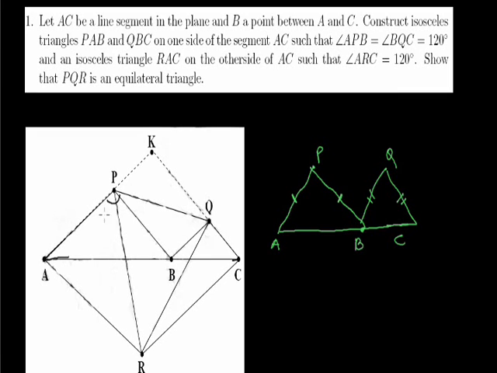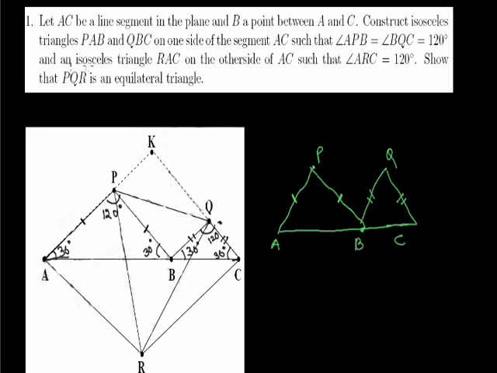APB is given 120 degrees and in QBC, which is an isosceles triangle, this is given 120 degrees. Now since PAB is an isosceles triangle, this angle will be 30 degrees and this angle will be 30 degrees. Similarly, this angle will be 30 degrees and this angle will be 30 degrees.